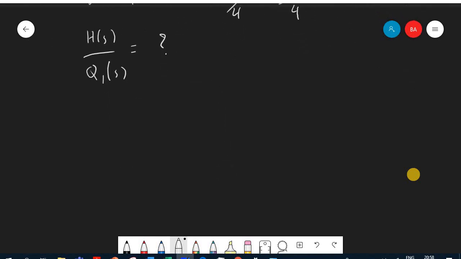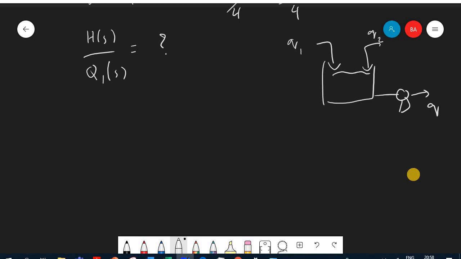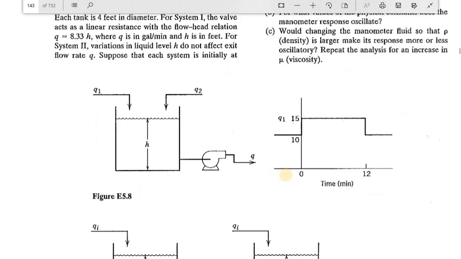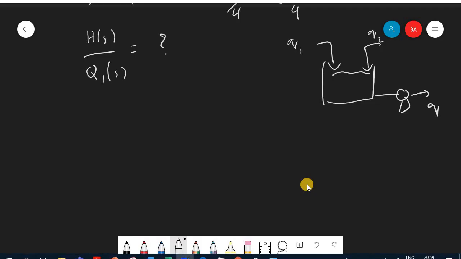If you look at my tank, in which I have Q1 and Q2, and then I have a pump here, which is Q. So I have Q1, Q2, and Q. Just to make sure I have this right, yes, I have it right, and I want to look at the height. Q is the volumetric flow rate.